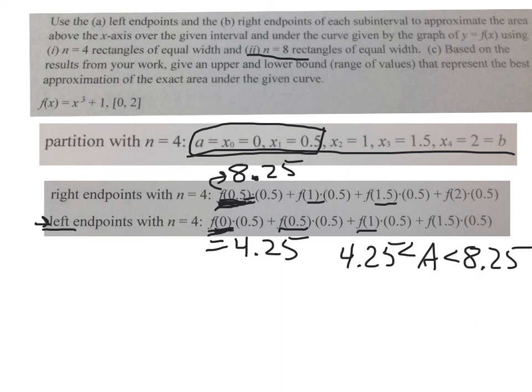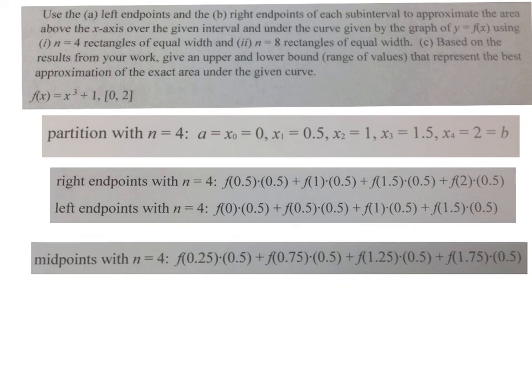We said, well, to make it closer, we could use more rectangles, but we could also, even with 4 rectangles, make the approximation closer than what we got here, and that would be using the midpoints for our sampling points, for each interval, each subinterval. So this is what the midpoints would look like.